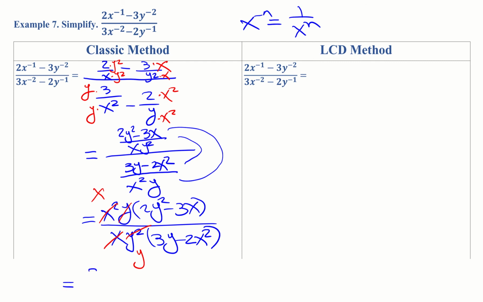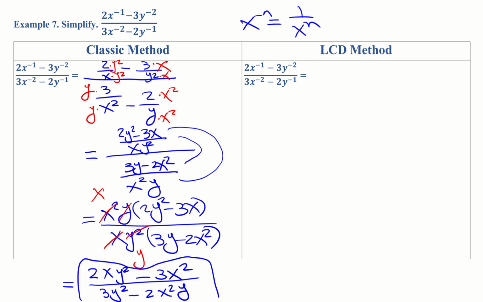So we get 2xy squared minus 3x squared over 3y squared minus 2x squared y. And that pretty much wraps it up for us on that one.